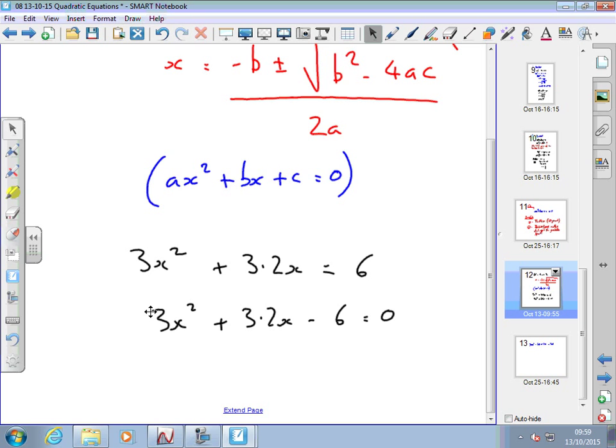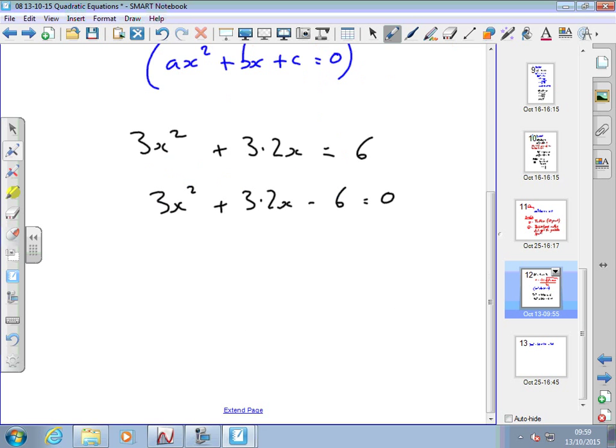All we have to do now is plug those numbers into the formula. So I'll write down what a is, what b is, and what c is. Certainly initially, when I start off using these, this is what I would do. What's a? 3. What's b? 3.2. What's c? Negative 6.